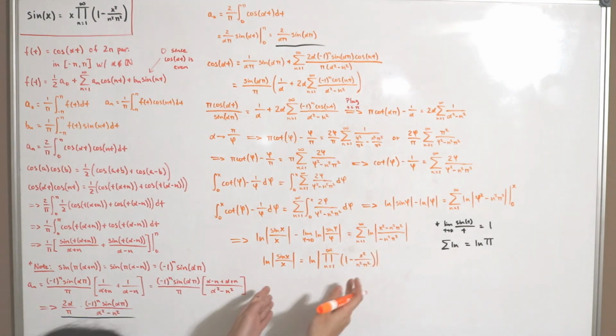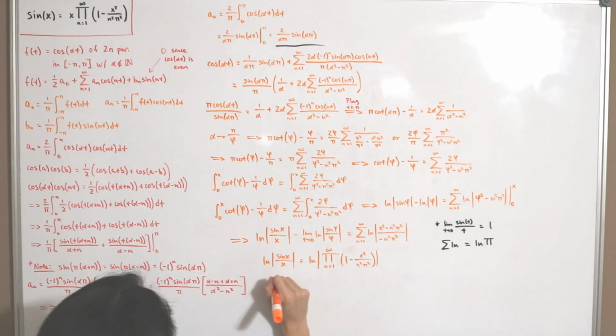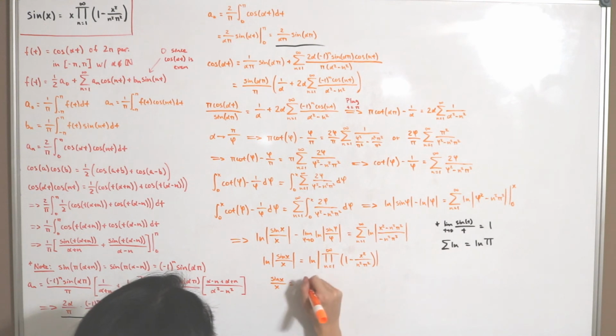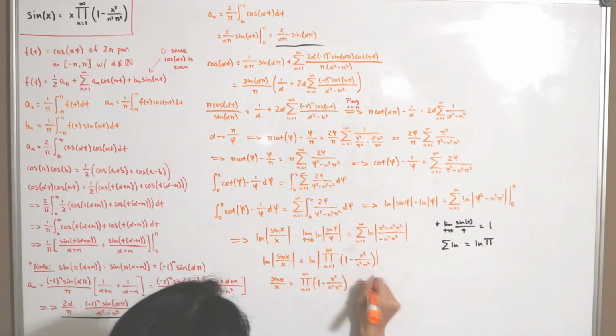And then if we take the exponential to both sides, the ln cancels out, so we're left with sine of x divided by x equals our product series of 1 minus x squared over n squared pi squared, and we're just about done.